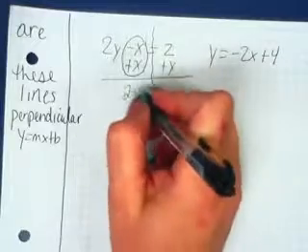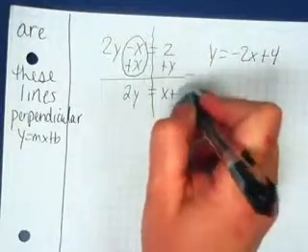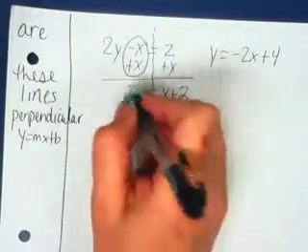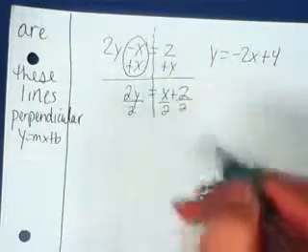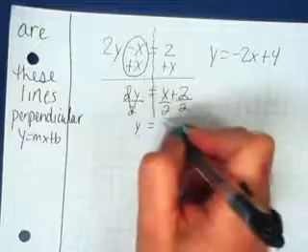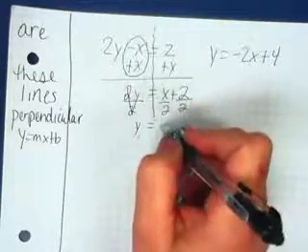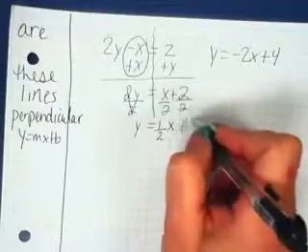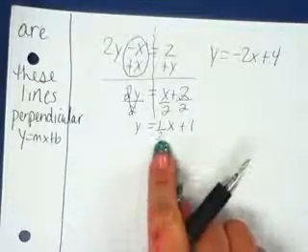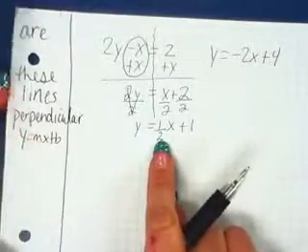And we're left with 2y equals x plus 2. Want to get rid of that 2? It's 2 times y, so divide. Here we get y equals either x over 2 or 1/2 x plus 1. We're looking for the slope, so it's probably better to write it as the half.